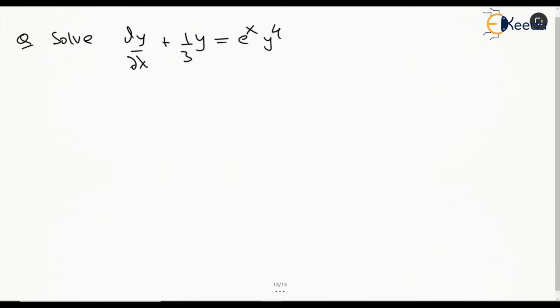Now we have seen this as Bernoulli's equation, where the general expression was given and we were trying to find the solution for that. It was given like y dash plus p times y is equal to q times y to the power of n, and we had to assume u equal to y to the power of 1 minus n.